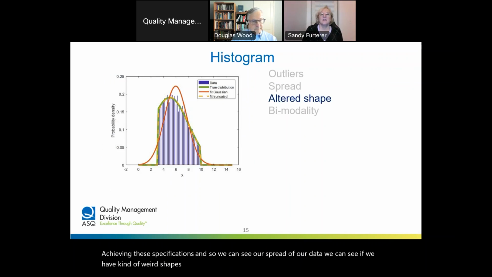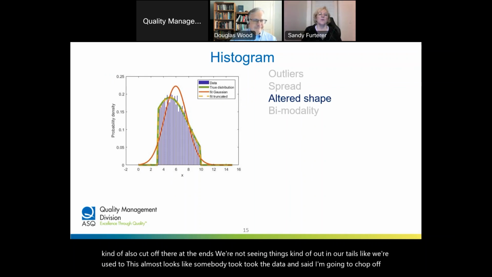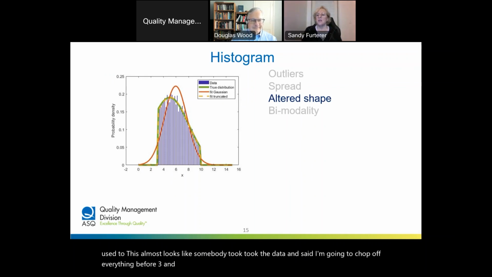Look at that. It kind of looks like a normal distribution, but then it's also cut off at the ends. We're not seeing things out in our tails like we're used to. This almost looks like somebody took the data and said, I'm going to chop off everything before 3 and after 10. And you can tell a lot from that too.